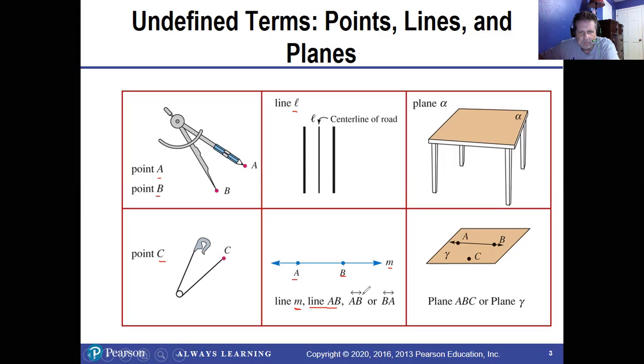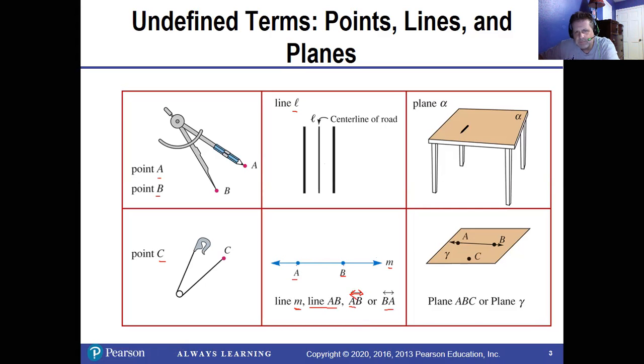You can use this symbol, line AB, with the 2 arrows. It has an arrow on each side because a line goes on forever and ever and will never end. Don't confuse it with a segment. A segment's different. You can also reverse the letters; it doesn't matter what order it goes in. So those are different ways you can label a line.